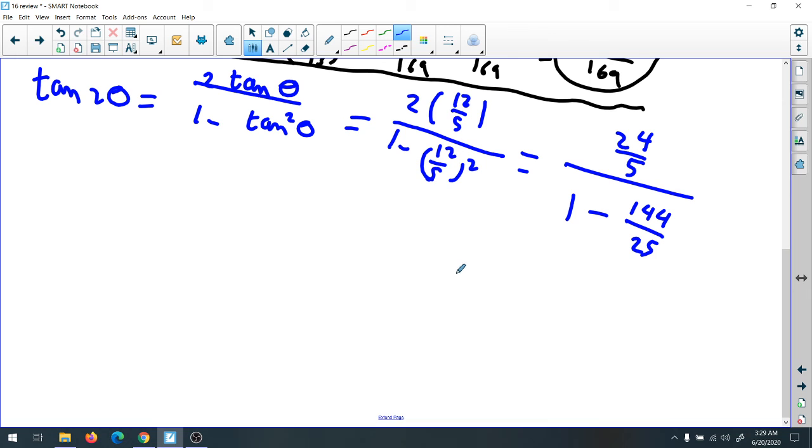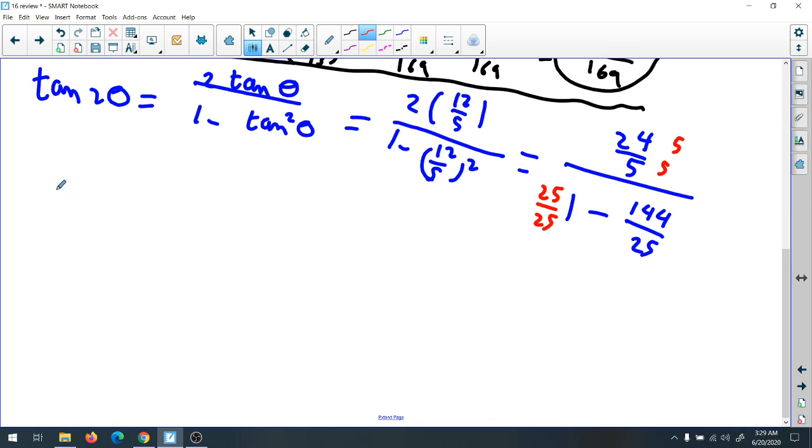I'll let you know how to deal with that without even a calculator. So the greatest denominator is 25. So plan to have 25 here. So multiply by 5 here and by 5 here. This one, we're going to convert it to be 25 over 25.